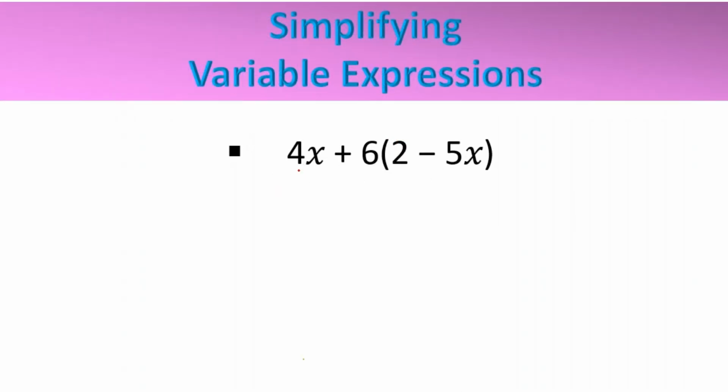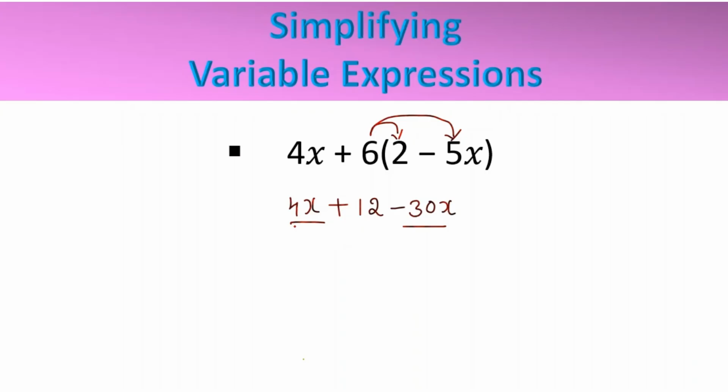Let us simplify 4x plus 6 times (2 minus 5x). 4x comes as it is. Let us multiply: 6 times 2 gives 12, 6 times negative 5x gives negative 30x. Now let us regroup the like terms.